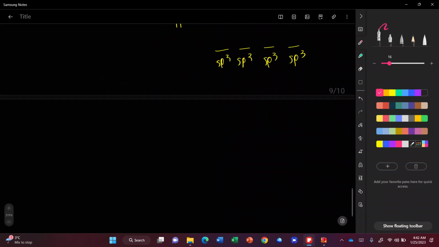can't resonate. Because it turns out that hybrid orbitals, so sp, sp2, and sp3, do not ever participate in resonance.